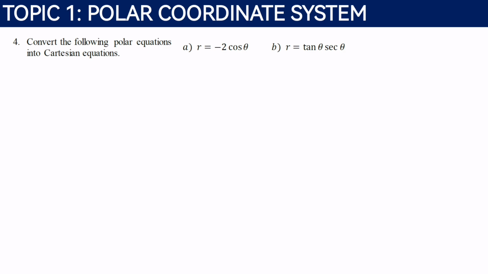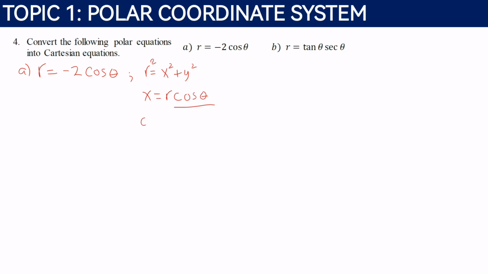That's it. Now, next, let us convert these polar equations into Cartesian equations. So, r equal to negative 2 cosine of theta. What we know are these equations: r squared is equal to x squared plus y squared, and x is r cosine of theta.